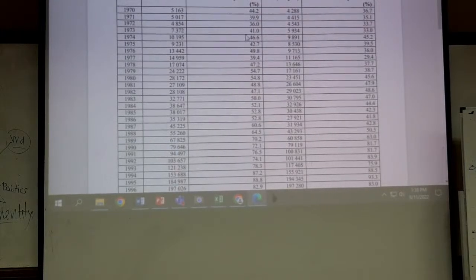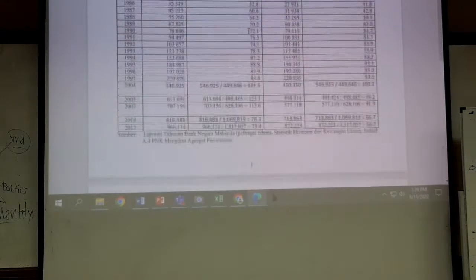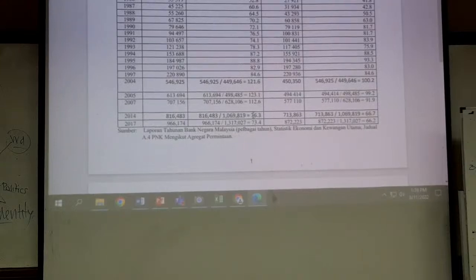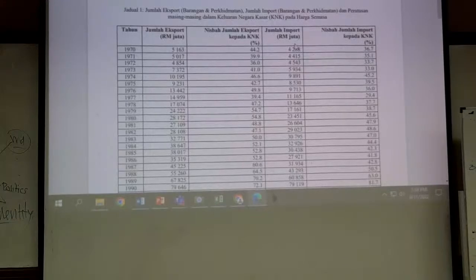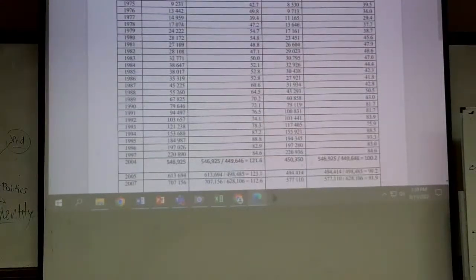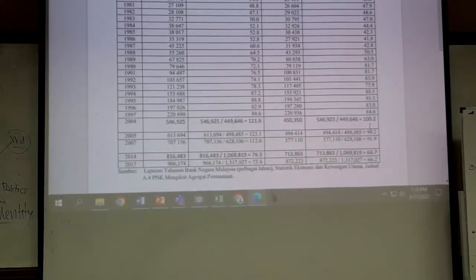For Malaysia, in 1970 it was 44% of the economy. In 2004, 121% export in relation to the economy. But now it has decreased. That's the measure of openness. That's export. Import, from 36% and now less, so import also goes like this.